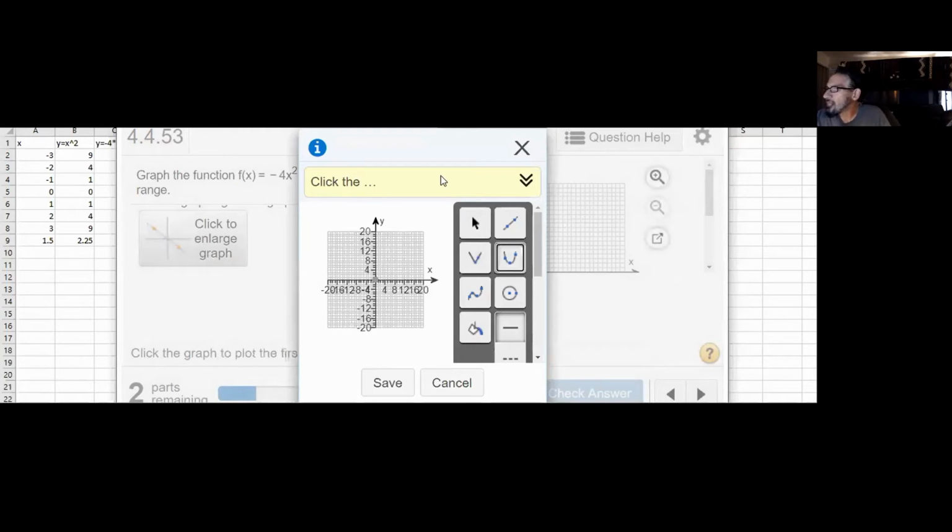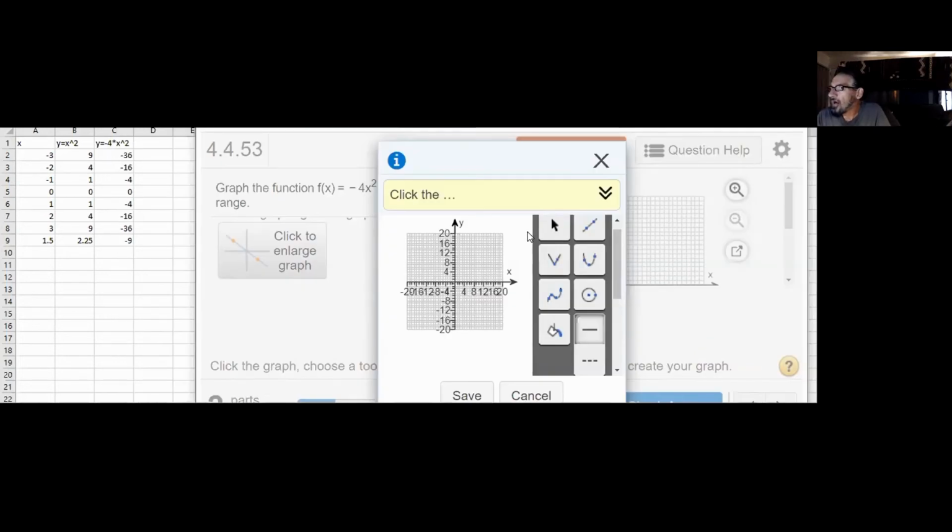Picking the parabola graphing tool, remember to watch the upper right-hand corner. I'm going to start out with the negative 1, negative 4. I'm reading the first and third columns here. So select the parabola tool, negative 1, negative 4, and then 0, 0.